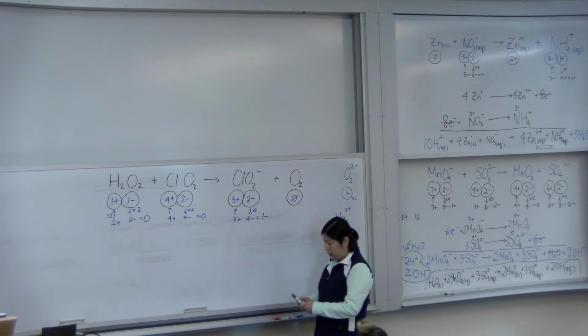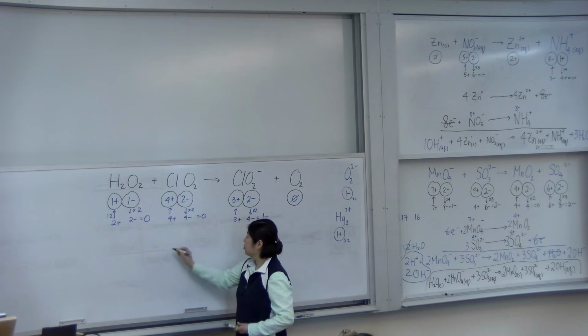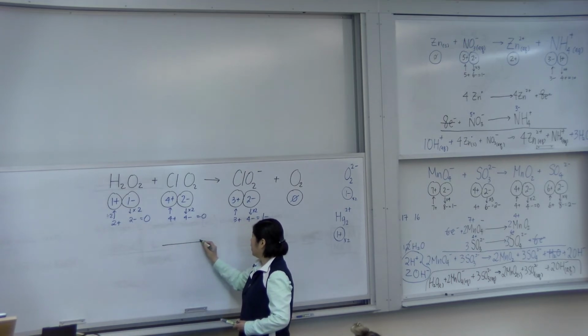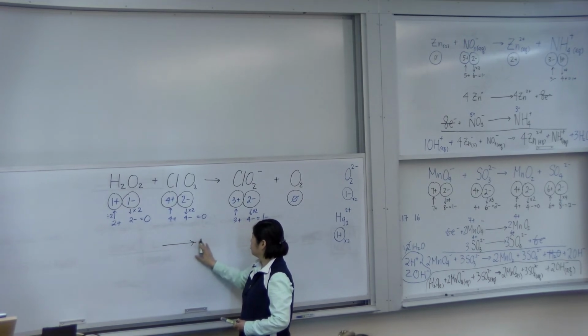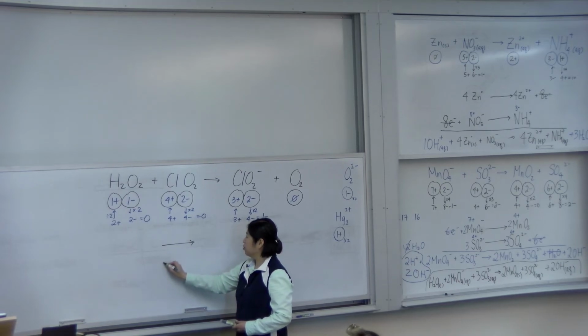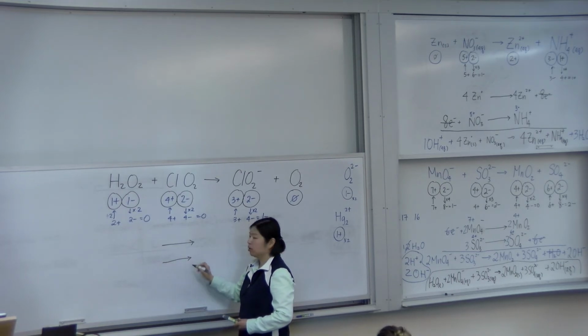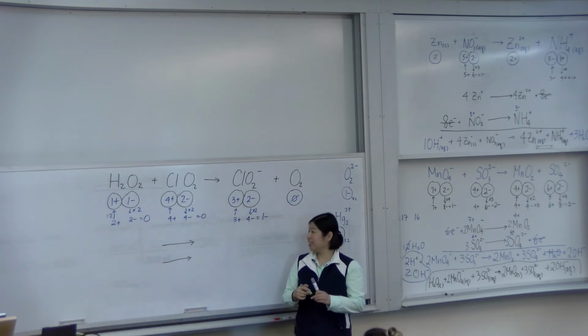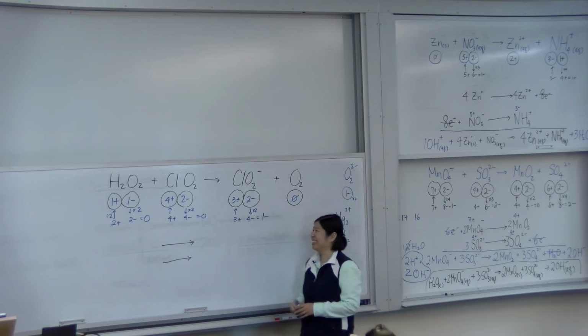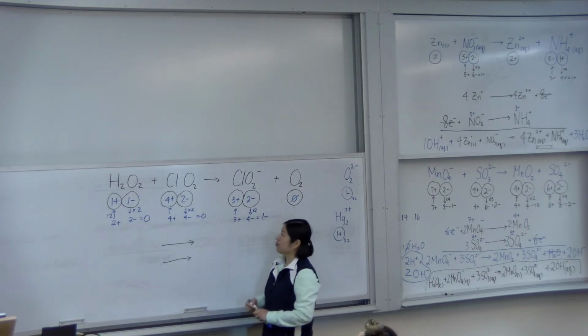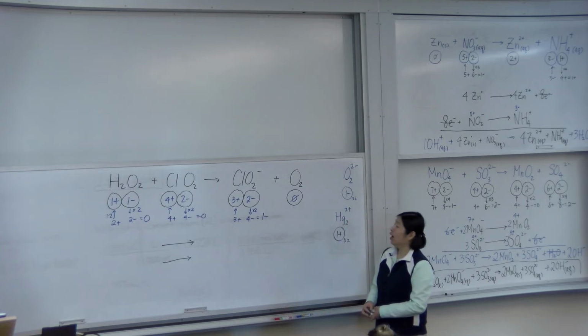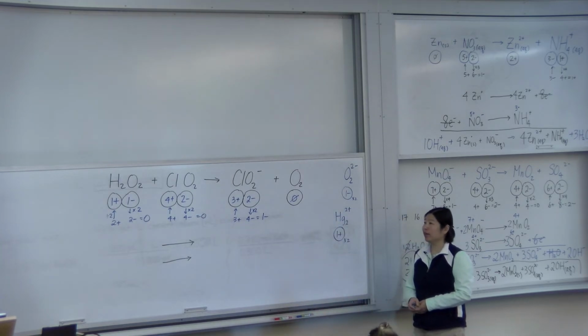Again, we're going to draw our 2 arrows, one for each half reaction. For some reason, when I do redox reactions, my arrows get longer and longer. It doesn't need to be that long. So what is being oxidized here? Be careful here.